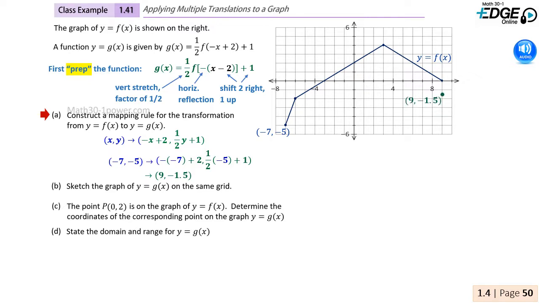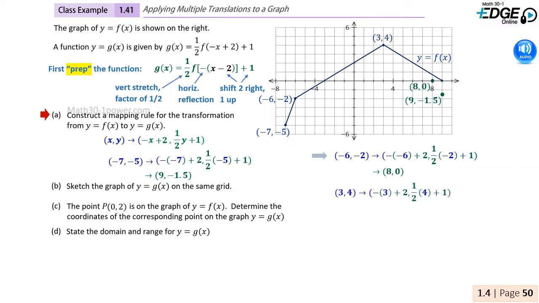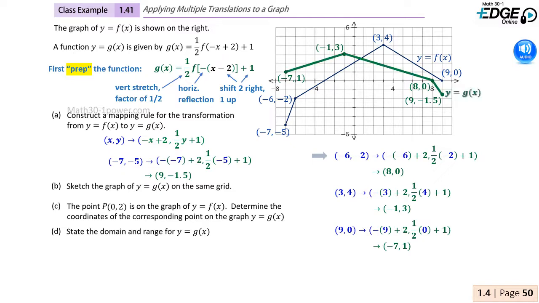This is easier than drawing the same graph 4 times after each transformation. Now that we have transformed all of our points, we can sketch the graph.